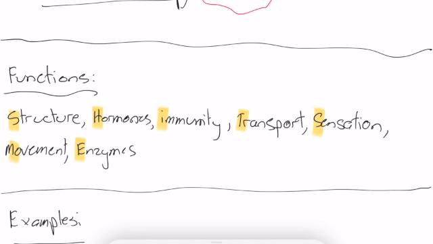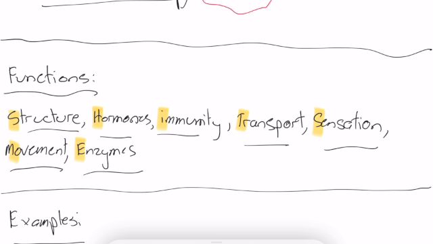So we know that proteins have a diverse array of functions, and I've just noted down here the perhaps most notable ones. So we have structure, hormones, immunity, so things like antigens, transport amongst cells, sensation, that idea of feeling, movement and locomotion, and of course the role of enzymes in the human body.